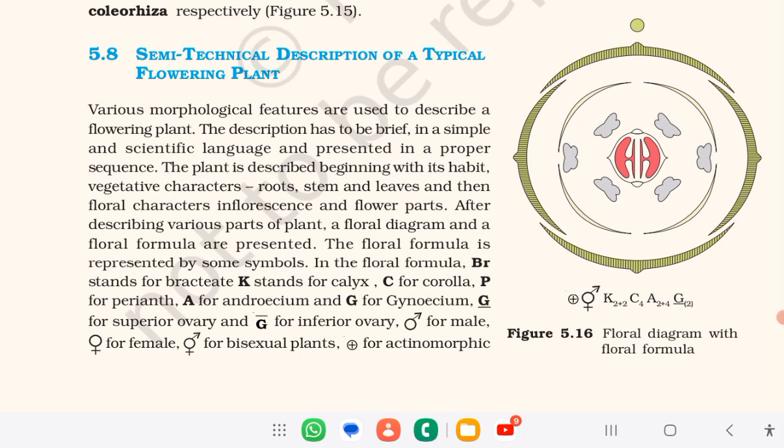The floral formula is represented by some symbols. In the floral formula, Br stands for bracteate, K stands for calyx, C stands for corolla, P stands for perianth, A stands for androecium, and G stands for gynoecium.